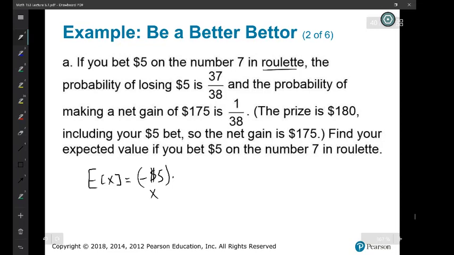The event of losing $5 has an associated probability of 37 out of 38. And then you add that to the event of gaining $175, which has an associated probability of 1 out of 38.